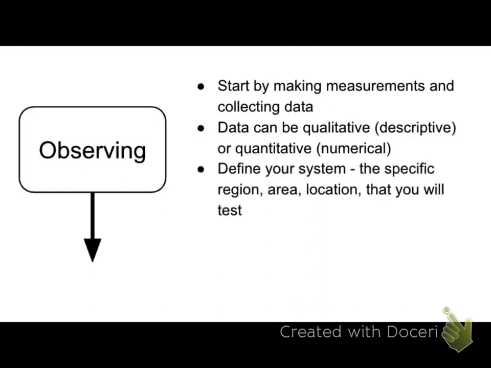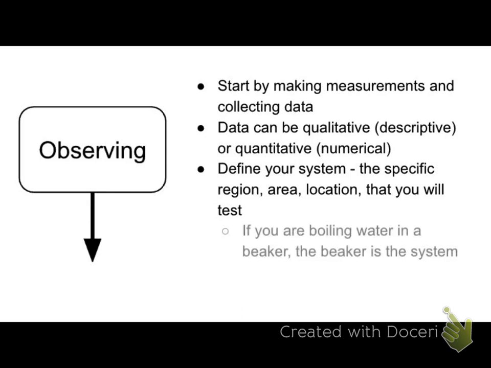And then, after we have gathered a lot of data about our situation, we are going to define our system. This is the specific region or area or location that you are going to test. So, for example, if you were testing the boiling point of water, your system would be the beaker with the water in it.